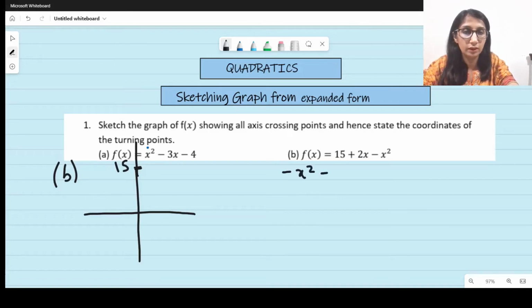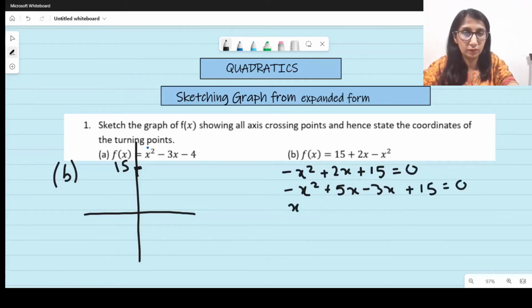Minus x square plus 2x plus 15 equals 0. So the factors could be minus x square plus 5x minus 3x and then plus 15 equals 0.